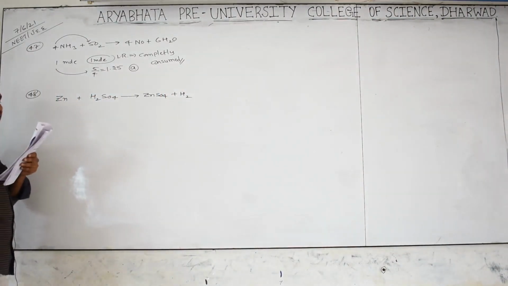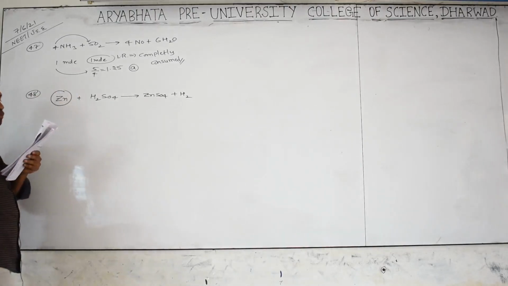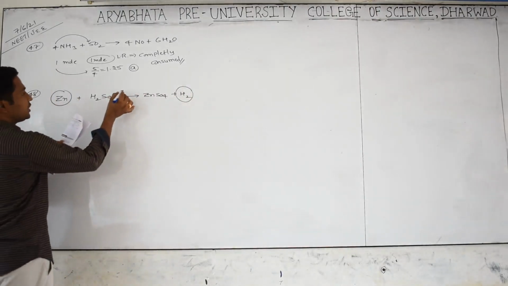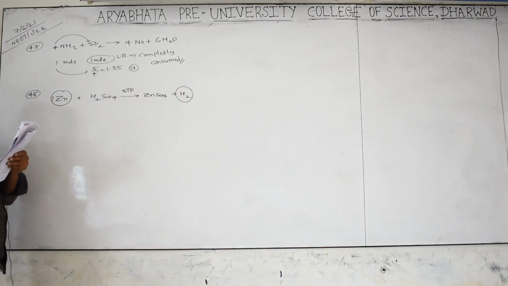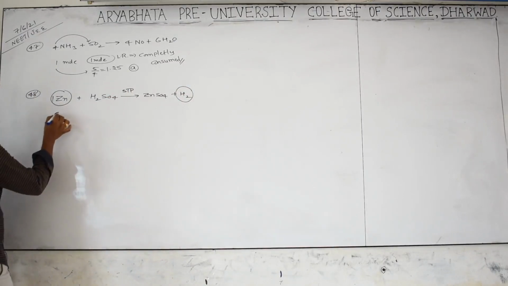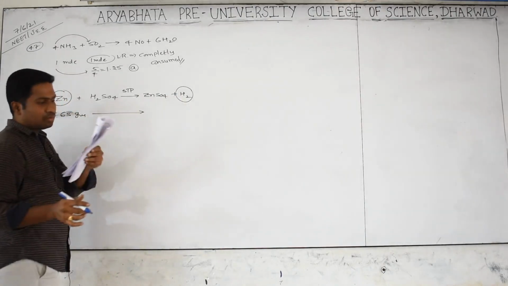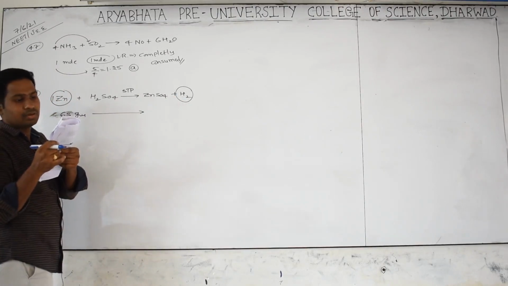It is asking the relationship between the amount of zinc required and the volume of hydrogen gas produced, at STP condition. 1 mole of zinc means its atomic weight, 65 grams.